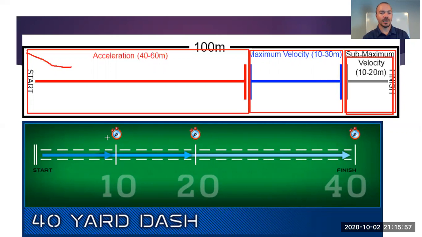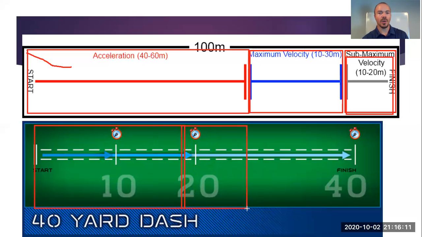Now on the 40-yard dash, we're going to see a similar phase, but what's really going to happen is somewhere between just under or just after the 20-yard marker, we're going to complete the acceleration phase. And then those athletes are usually typically able to maintain their velocity through the end of the run.